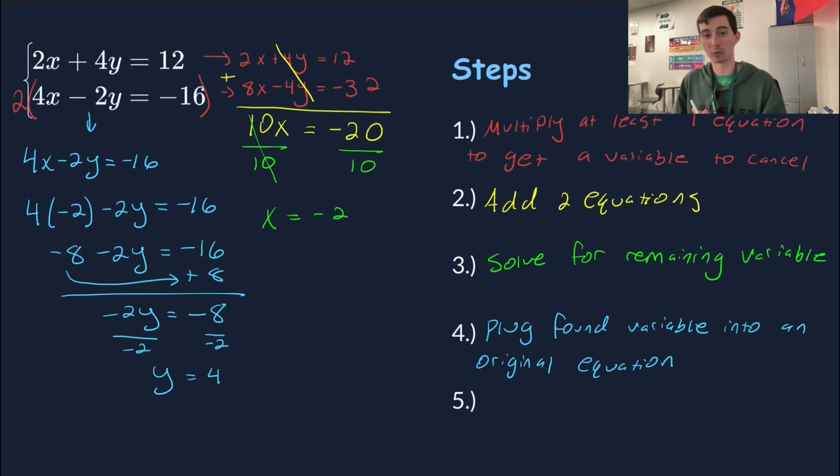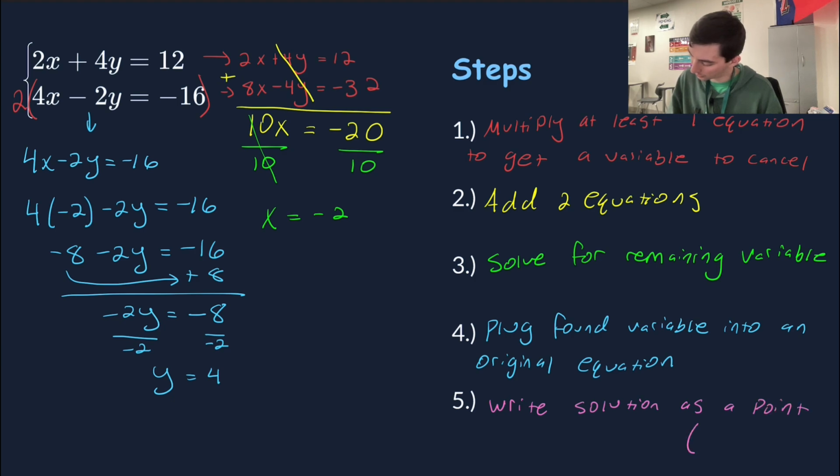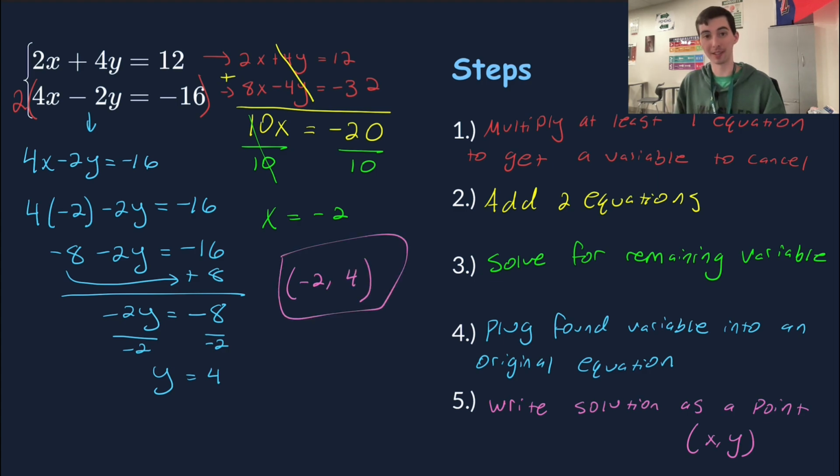And now when we work with systems, we know that this is going to be a point. So my last step is I want to write my solution as a point, and we do so by x, y in parentheses. So this is going to be (negative 2, 4) as my solution to this system.